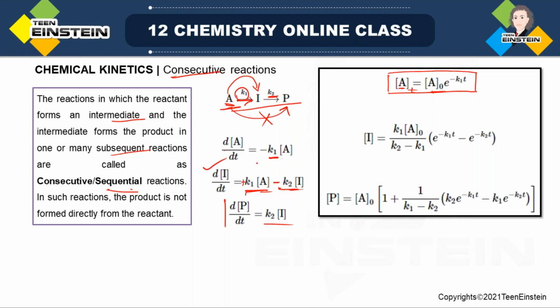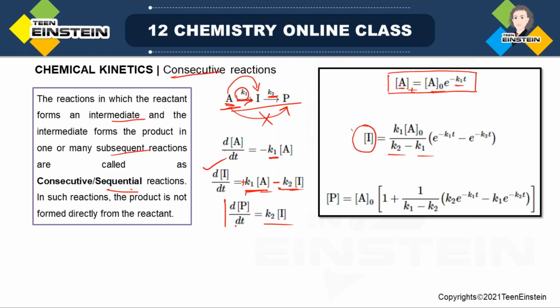Similarly, from the second equation, we will find the concentration of I, and I is related to both K2 and K1. So in this expression we have both K1 and K2. But in case of A there is only K1.